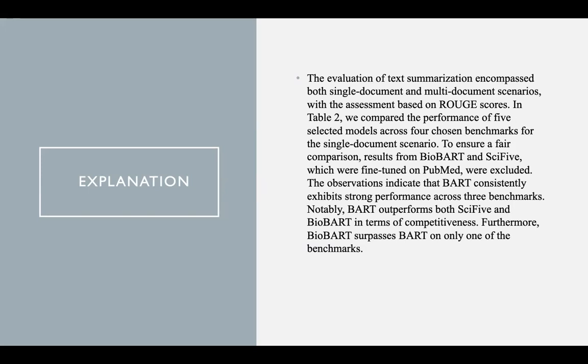To ensure a fair comparison, results from BioBART and SciFive, which were fine-tuned on PubMed, were excluded. The observation indicates that BART consistently exhibits strong performance across 3 benchmarks. Notably, BART outperforms SciFive and BioBART in terms of competitiveness. Furthermore, BioBART surpasses BART on only one of the benchmarks.